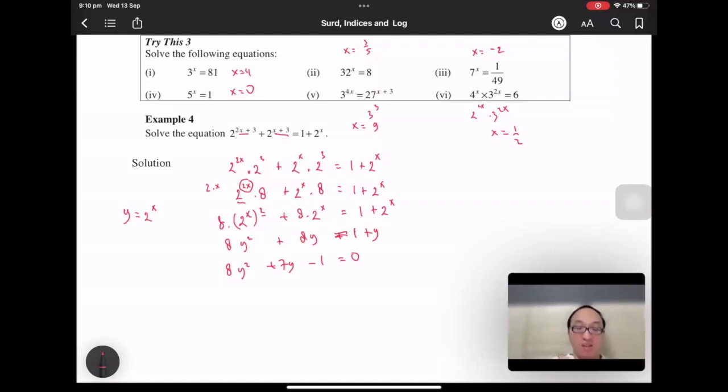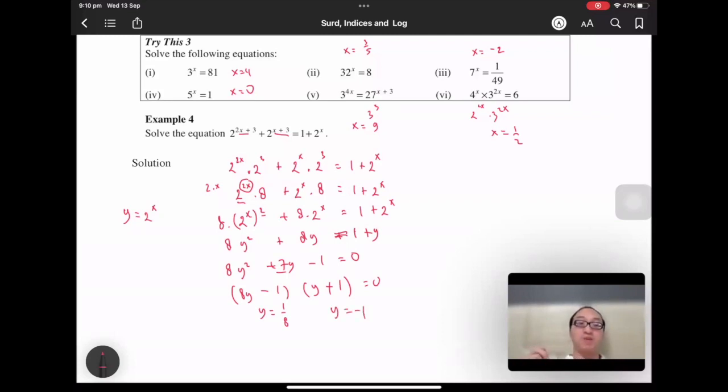Now this is a quadratic equation, so we can factorize. This is 8y, y, and then we need 1 and 1 to have the positive 7, so positive 8 minus 1. So y equals 1 over 8 in here, and then y equals negative 1.